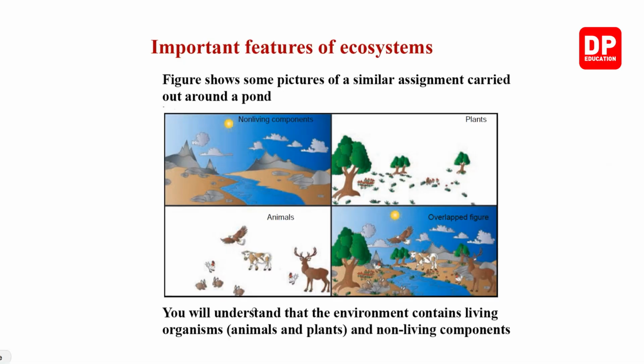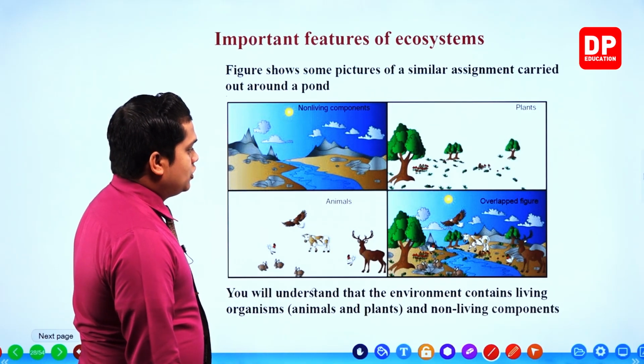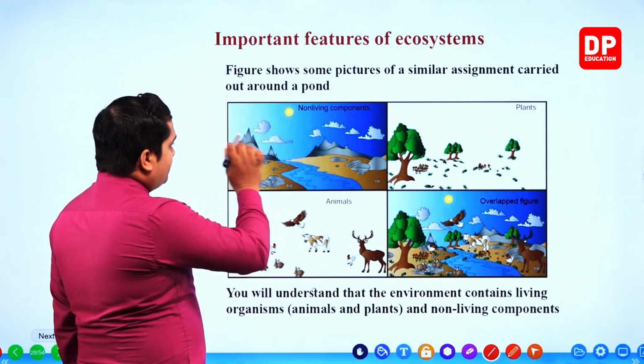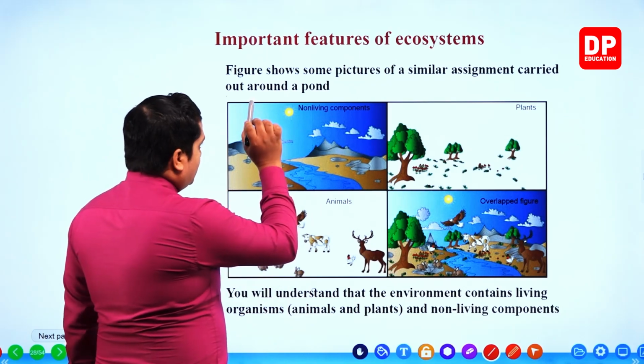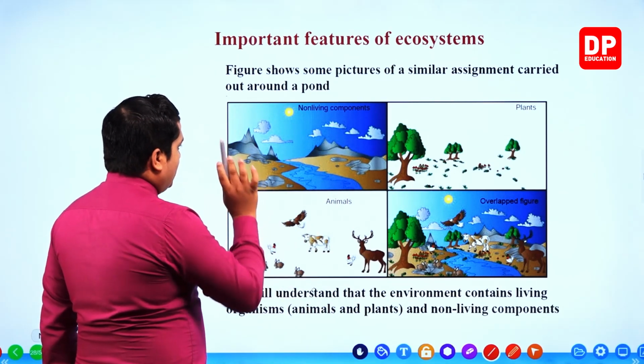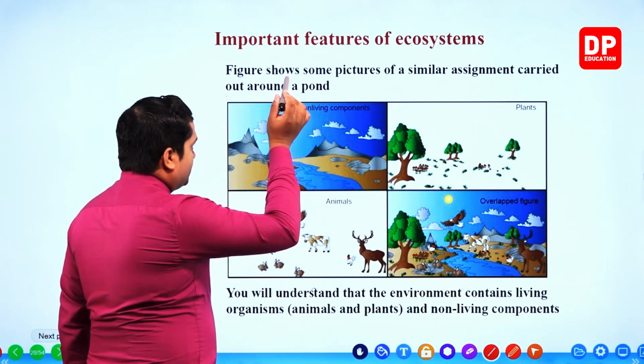The figure shows some pictures of a similar assignment carried out around a pond. Now this is a pond. Okay, the similar assignment. So first, as you can see here, within the first diagram, the non-living components are there: water, soil, rocks and mountains, clouds, then the sun.